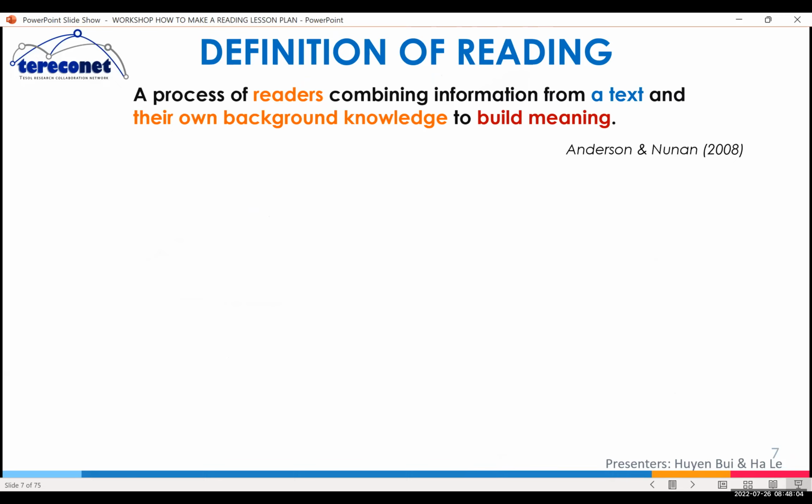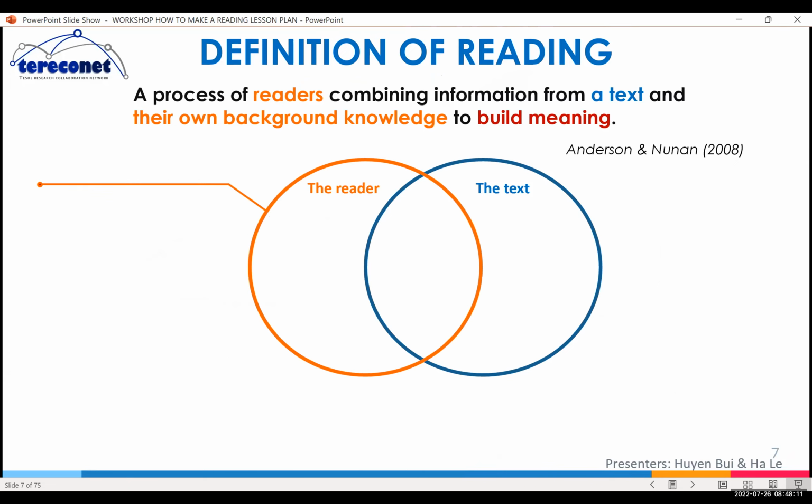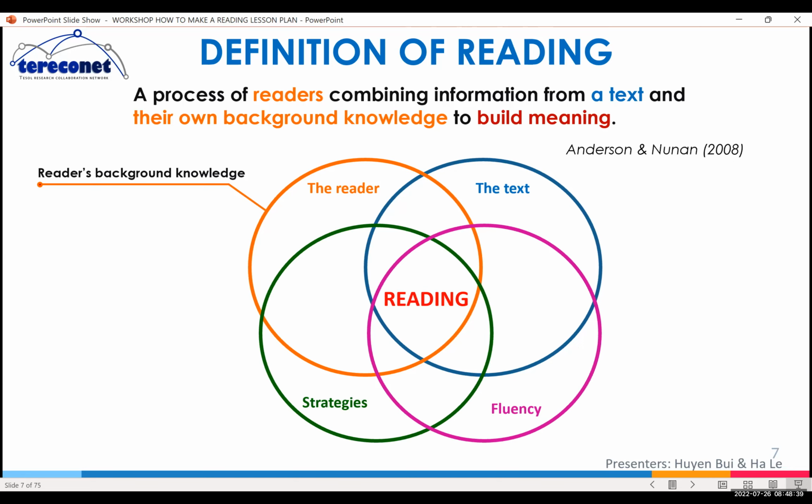Reading is defined as the process of the reader combining information from a text and their own background knowledge to build the meaning. As you can see here, there are two elements already. What about the other two elements that contribute to the success of the reading process? The other two elements are not vocabulary in this situation. The other two elements are fluency and strategy.